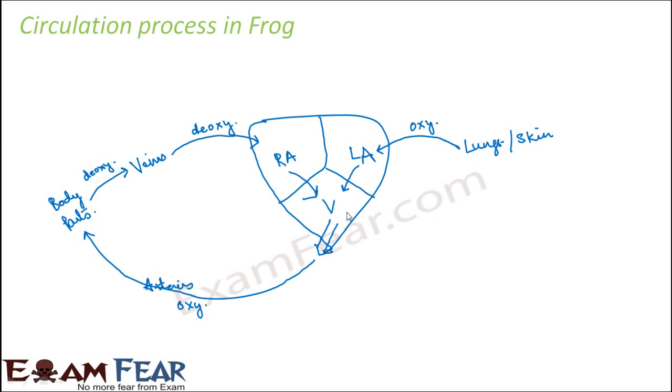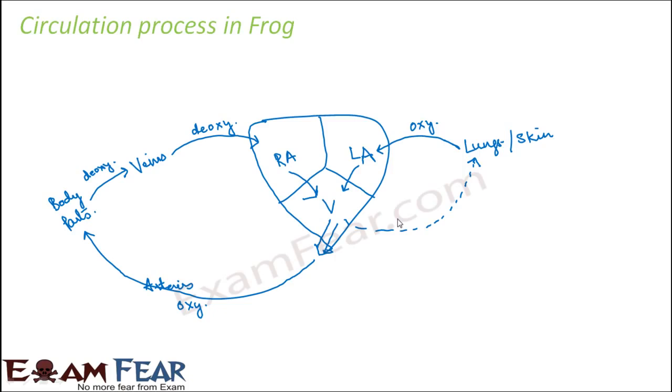Now what will it do with the deoxygenated blood? The ventricle will send the deoxygenated blood to the lungs. What will the lungs do? Lungs are the organs which perform the process of respiration. So during the process of respiration, they take in oxygen and they give out carbon dioxide. Correct?